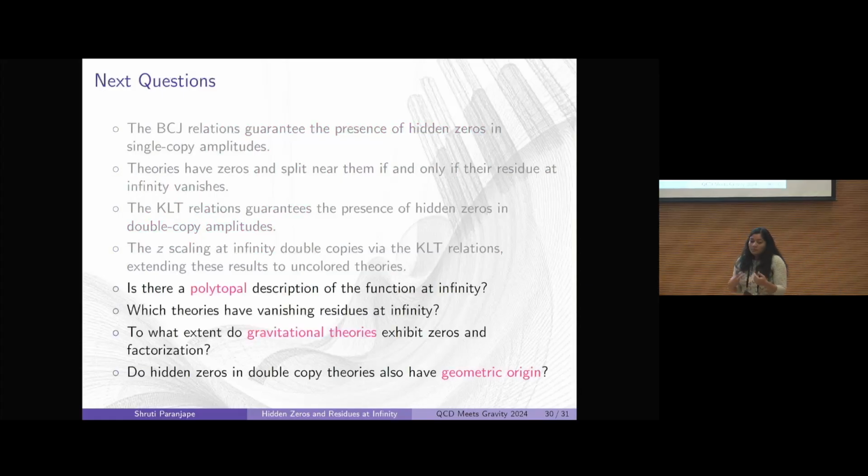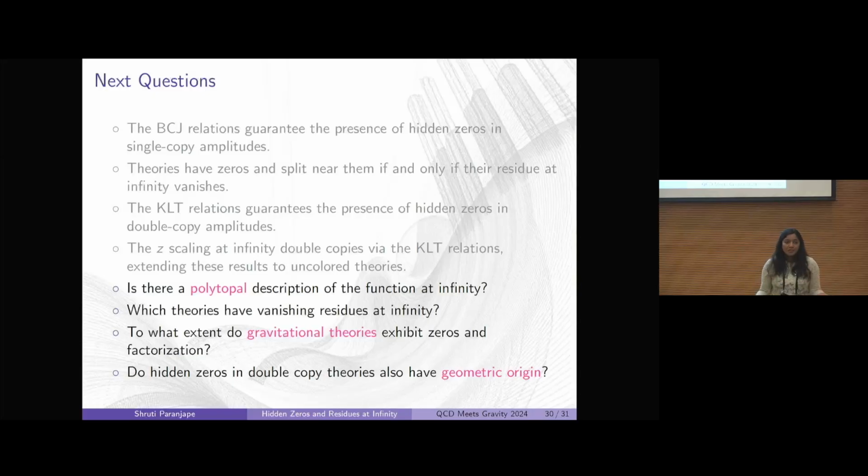The one that I'm currently thinking about a lot is: is there a polytope that resides at infinity that tells you what you are getting when I take an infinite limit? What is this function? Does it mean anything? And does it tell me that the residue actually vanishes? A full set of theories that actually have residues at infinity that vanish would be interesting.